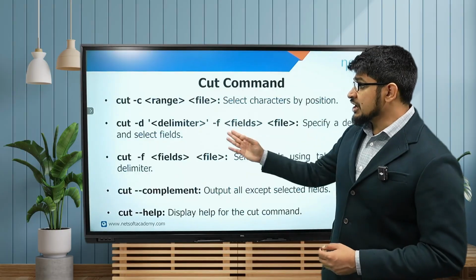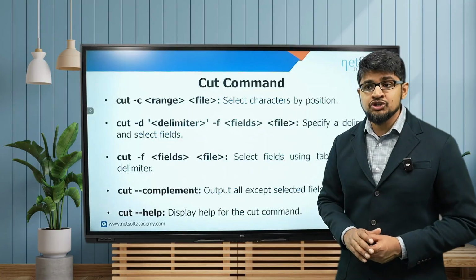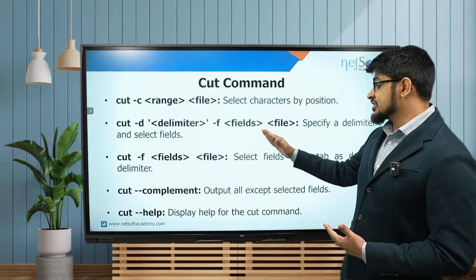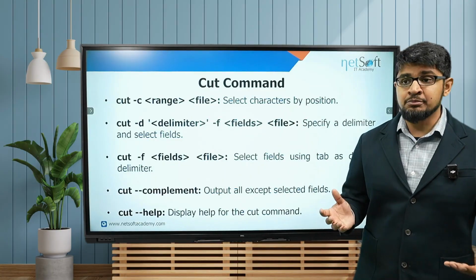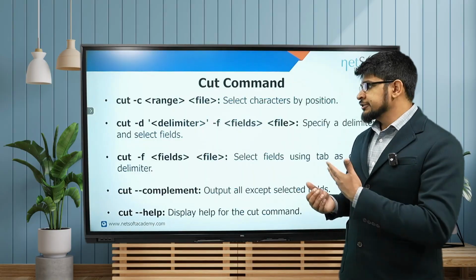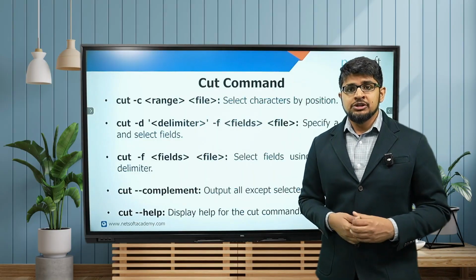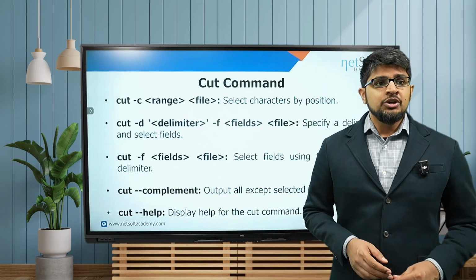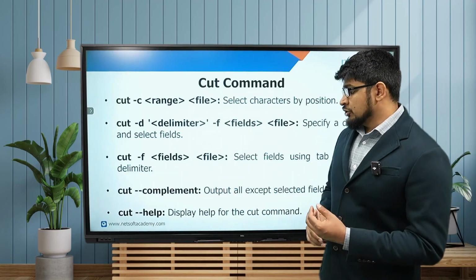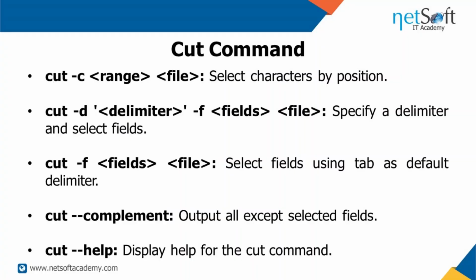And once you identify the delimiter with a -d switch, you can actually cut out specific fields from the file itself. Of course, you can also use complement to cut out everything else except for the selected fields, or show everything else except for the selected fields.